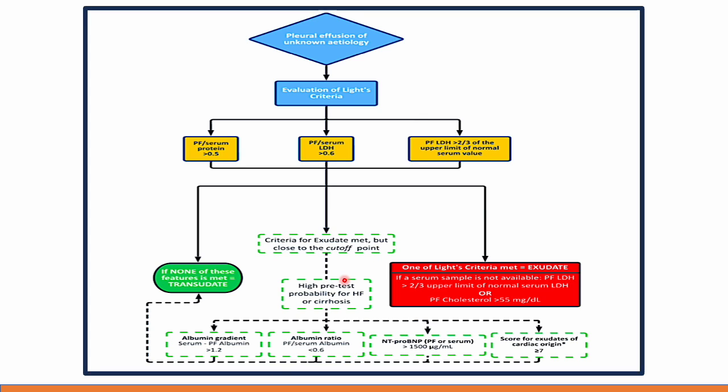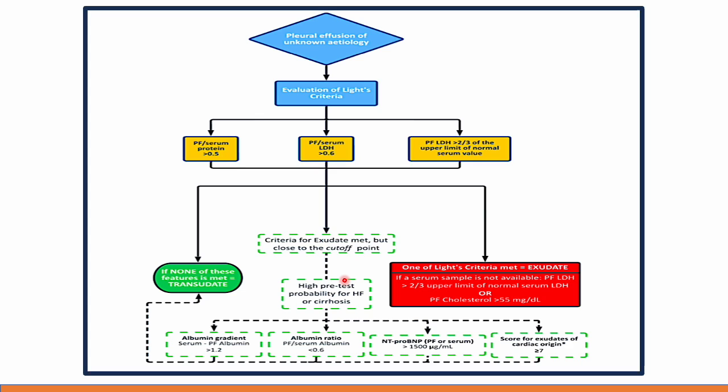You will see whether there was a high pretest probability that this patient has heart failure or cirrhosis. Also, history-wise, you would know whether this patient has an acute onset febrile illness followed by a symptomatic effusion, or is just a patient with cardiac failure talking about breathlessness. If the initial Light's criteria don't help you, what can you use in heart failure as well as hepatic hydrothorax effusions?